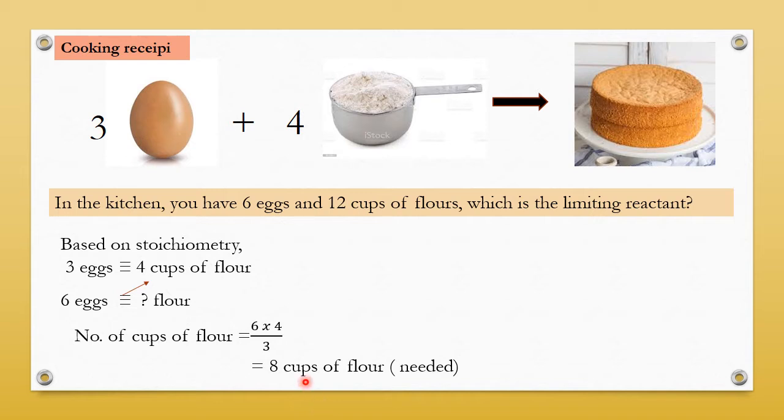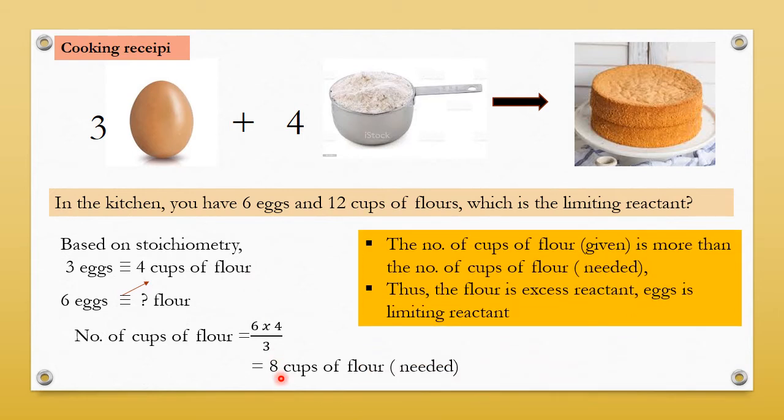So the number of cups of flour needed is 8, and I am given 12 cups of flour. I have 12 cups of flour, but I only need 8 cups, so there will be excess flour. In conclusion, the number of cups of flour given is more than the number of cups of flour needed.